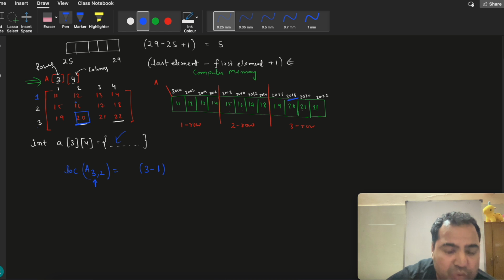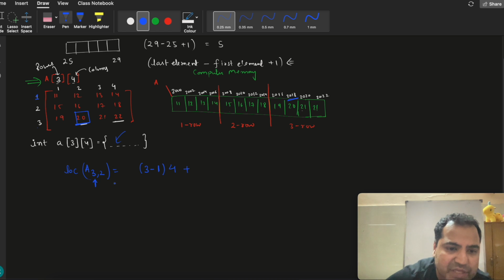So in two rows there are one, two, three, four, four columns. So I will multiply with the number of columns. What it will give? It will give the number of elements which you have skipped in two rows. See, 1, 2, 3, 4, 5, 6, 7, 8. It is giving eight elements. Then I have to take the number of columns also, so plus columns.